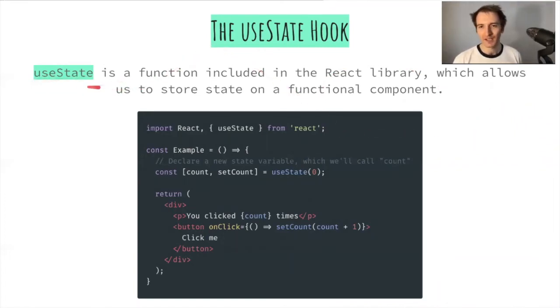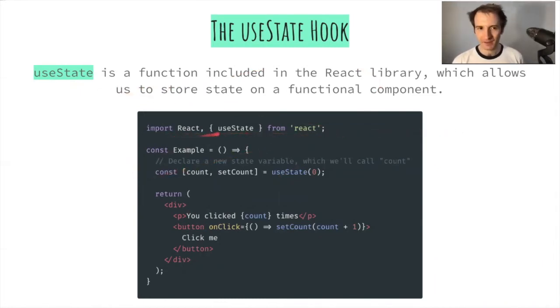So hooks are essentially functions that do some sort of functionality for us and give us some kinds of results. The first hook that I want to talk about is something called useState. And we get this from the React library.